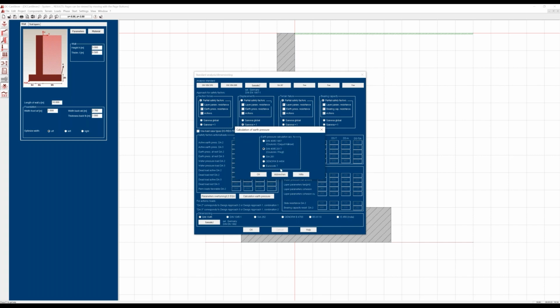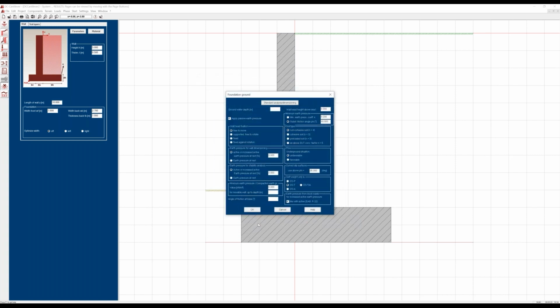If you select Eurocode 7 for the earth pressure, this is used from Eurocode 7 Appendix 2, C2, which is based on the Danish norm. So for Germany, DIN 4085 is valid for the earth pressure. And for design of the wall, we have Eurocode 2 and other local standards. So here we select Eurocode 2 for Germany and have all the parameters predefined.